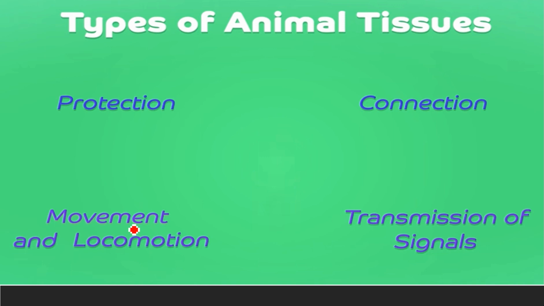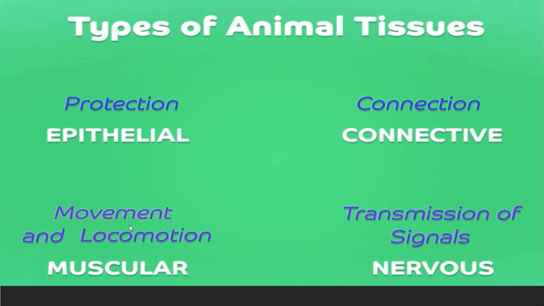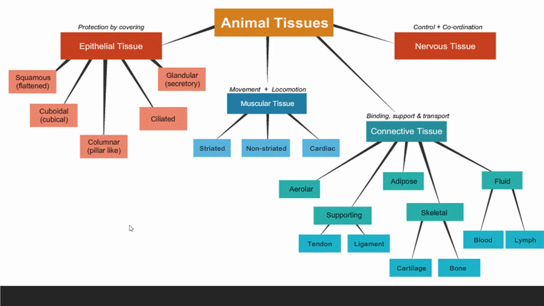Based on this, we get 4 major types of tissues: epithelial tissue, connective tissue, muscular tissue, and nervous tissue respectively. We have a descriptive flowchart of animal tissues. Kindly make it in your notebook.